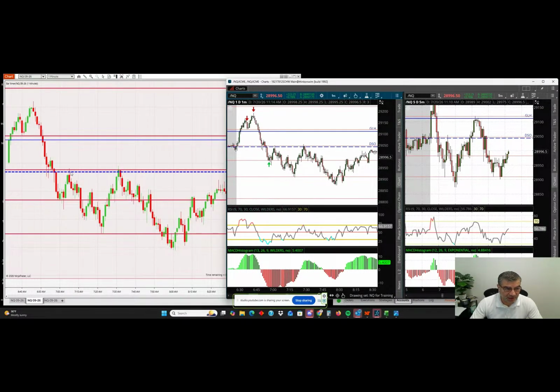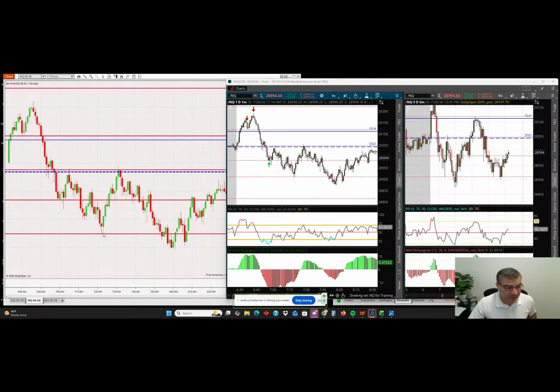Look, it came down, went back up here and touched that level. It came down. This is the first down leg, the second down leg, and the third down leg. Sorry, I need to close that so it won't bother us.